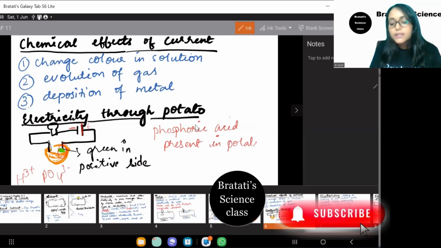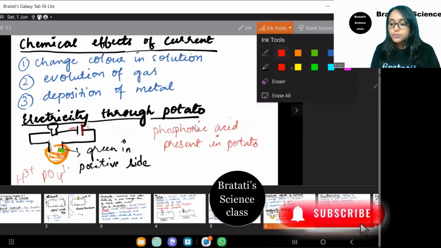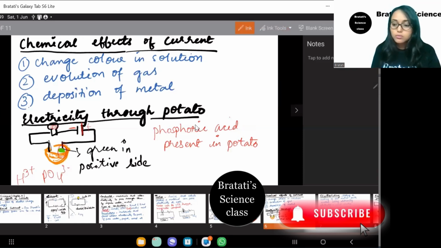That's why it is showing the change in color, because the electricity is passing and reacting to this H+ and the phosphate ion, and that is the reason this greenish color is coming. And in this, you can see the bulb also glows. So if I show you this one, this bulb glows. Okay.